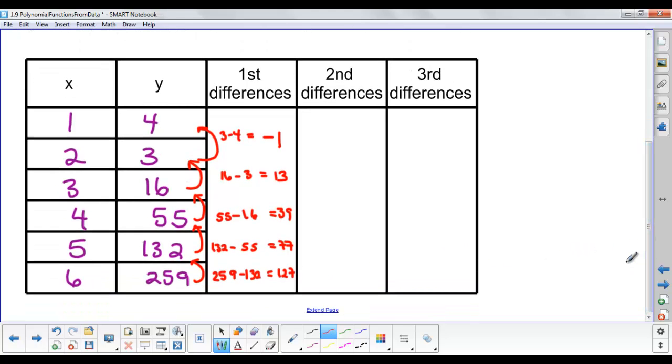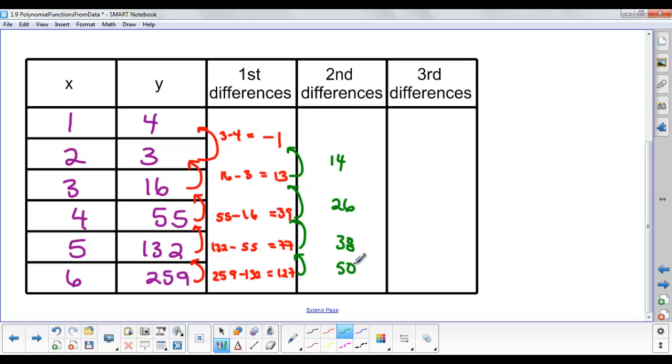So I'm going to move on and calculate second differences. Again, bottom take away top. 13 take away negative 1. 39 take away 13. 77 take away 39. And 127 take away 77.